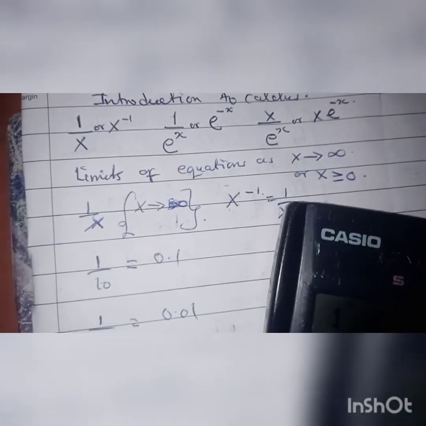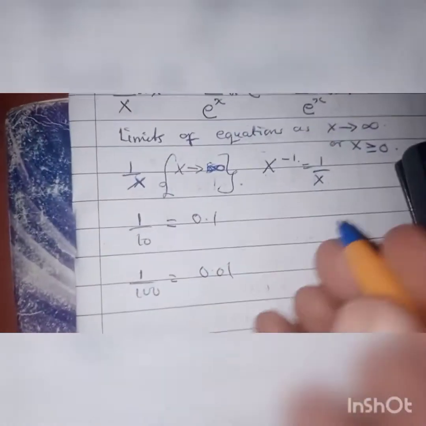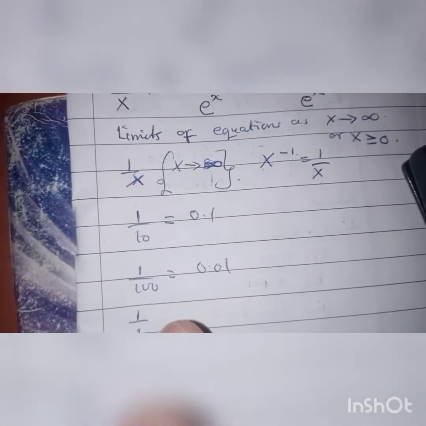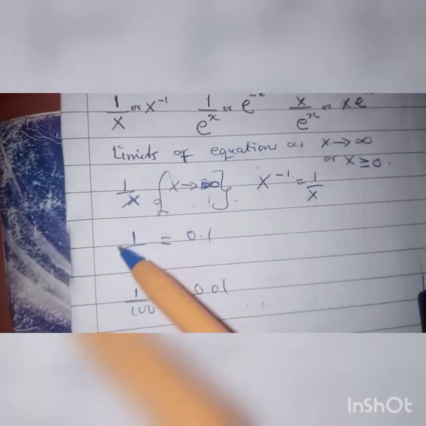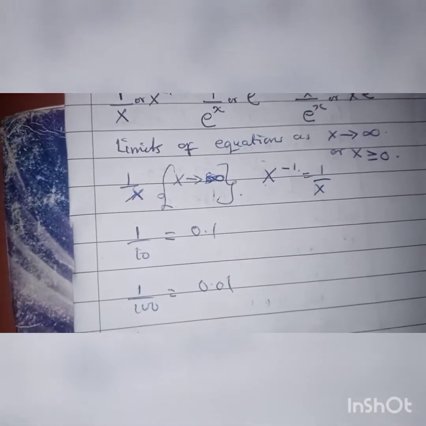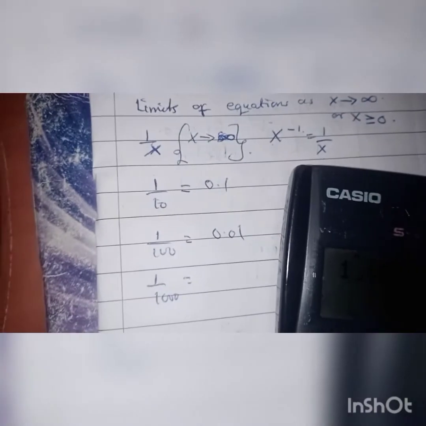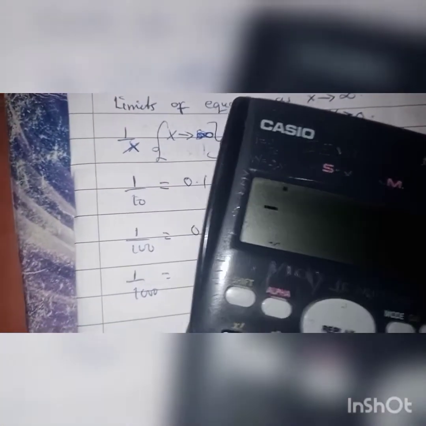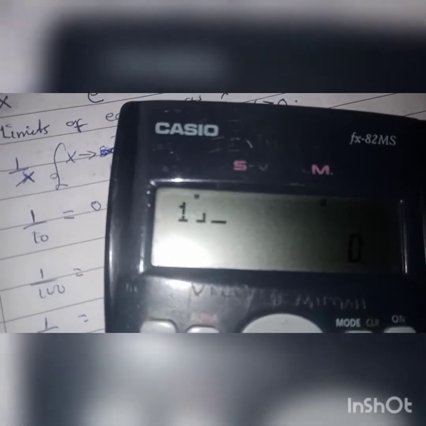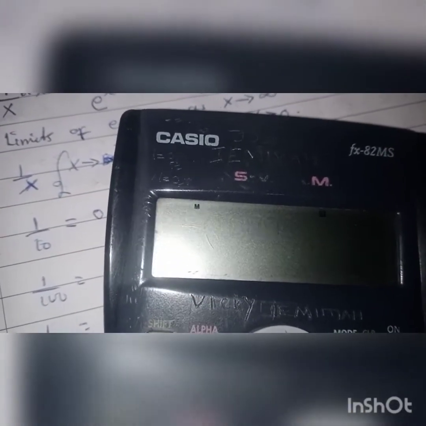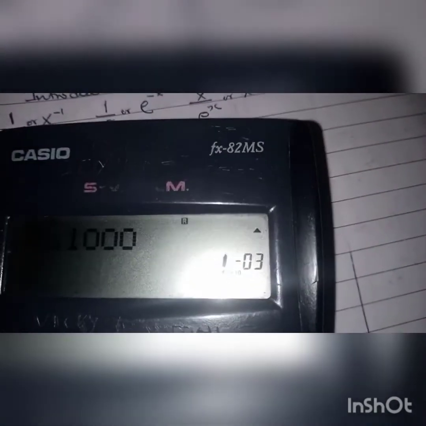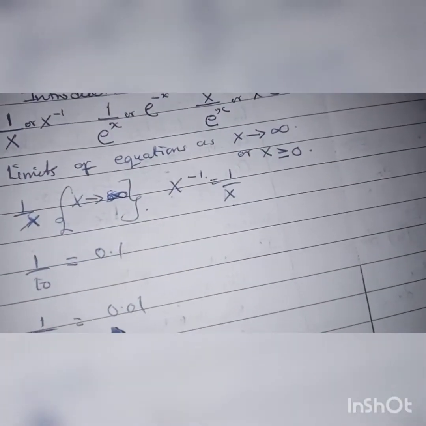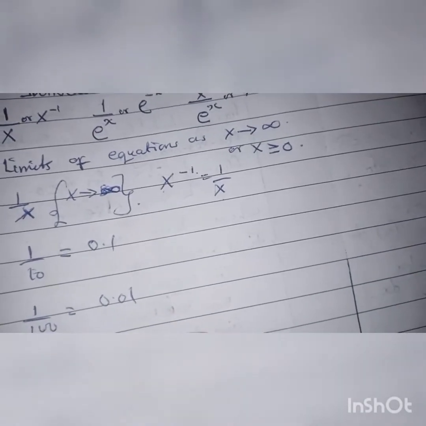Now, let's take x being 1000, 1 over 1000. What is happening to this function as x keeps on approaching infinity? So it will be just 1 over 1000, which gives us 0.001.